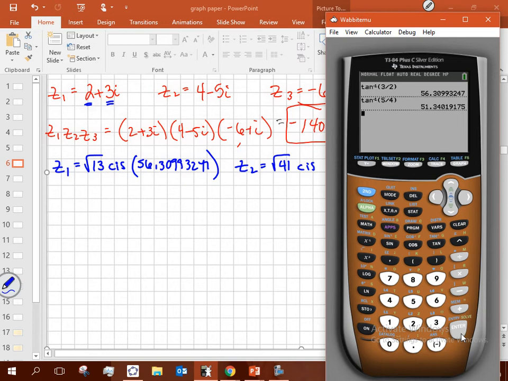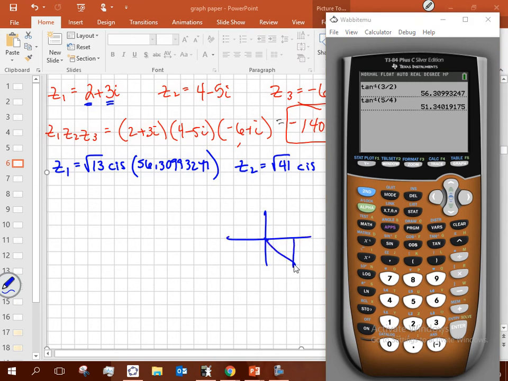Okay? What quadrant is 4 minus 5i in? The fourth quadrant, right? So what I end up needing to do to find the theta here, kind of visualize this, and maybe a quick sketch isn't a bad idea, but that point right there would be your 4 minus 5i. This angle here is the 51 degrees.